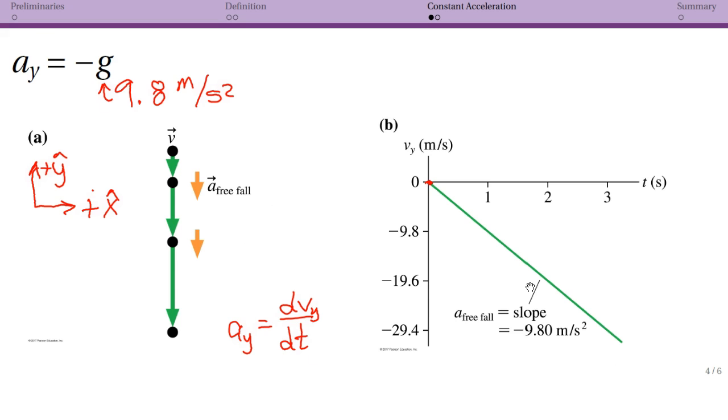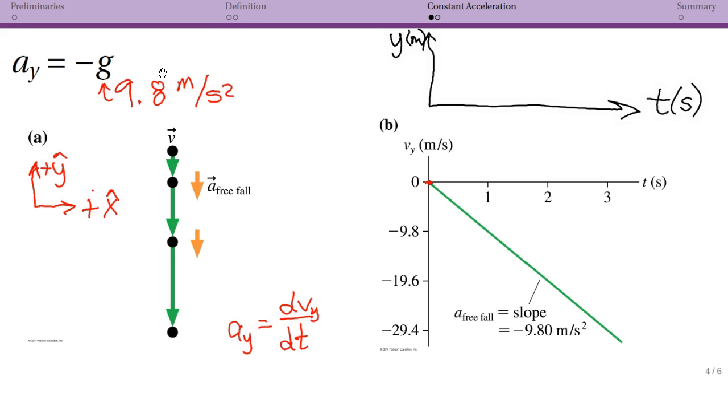The picture, the plot, the equations, and this specifically for free fall is the idea that our acceleration is equal to negative g. Now something to be careful here is that if you wanted to draw a plot of position versus time, remember that we would need to integrate this, and this would be y in meters.